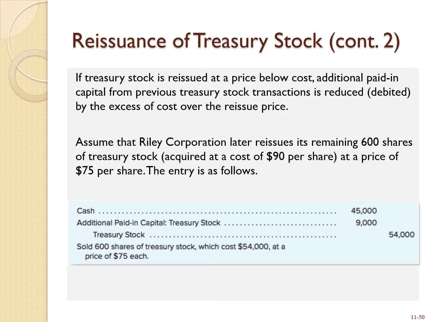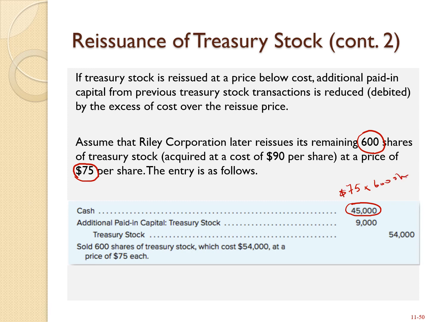Now assume that you decided to reissue the remaining 600, so you will have no more treasury stock. The remaining at a price of $75. So you will lose $15 per one treasury stock. In this case, your cash is this 45,000, is the 75 multiplied by 600 shares.